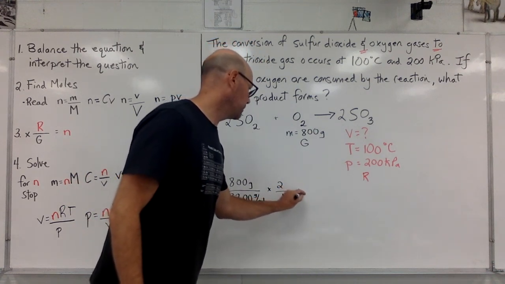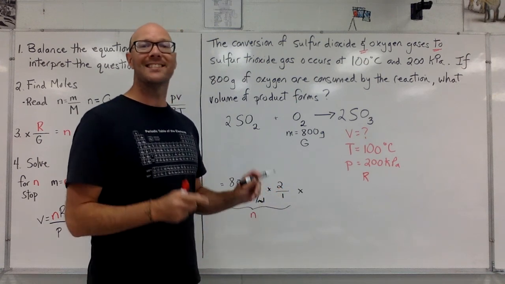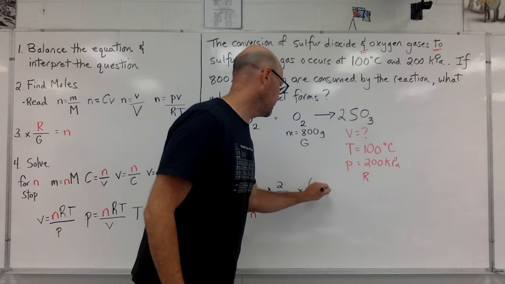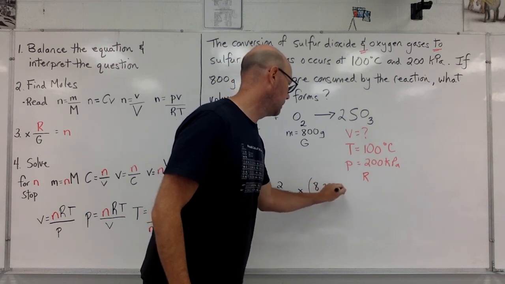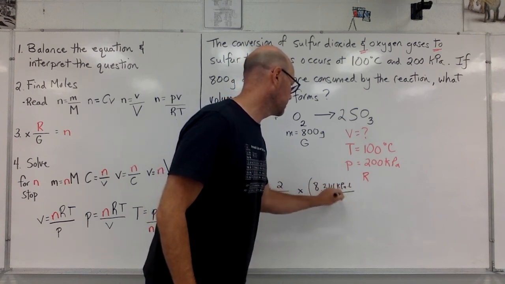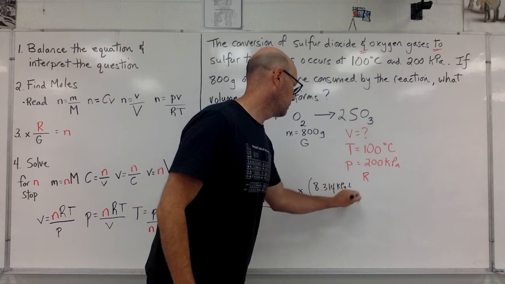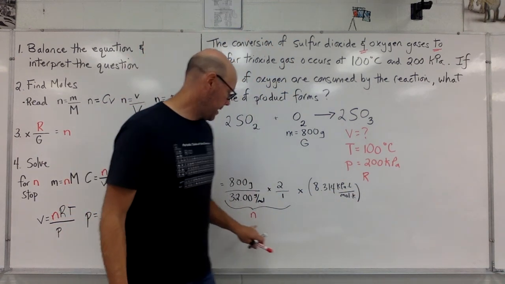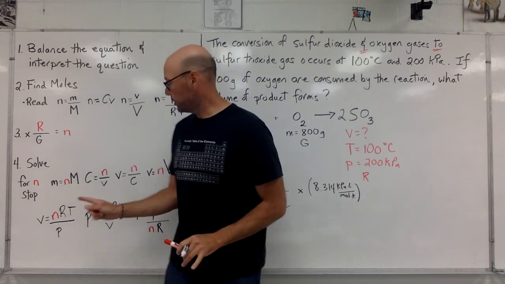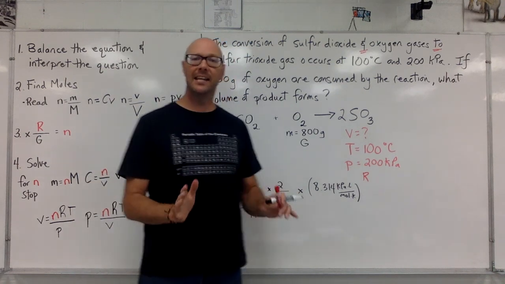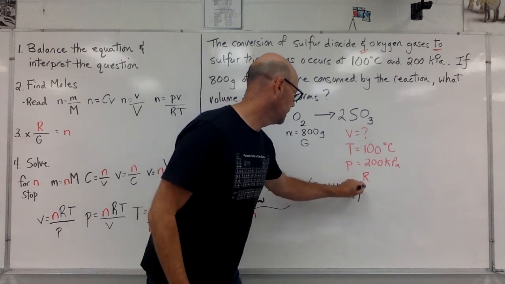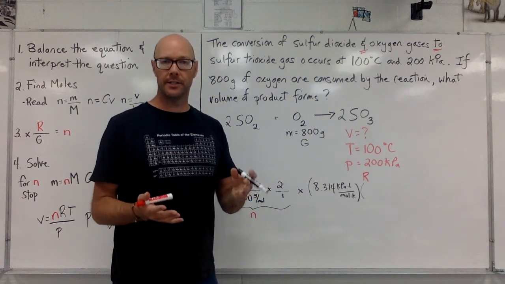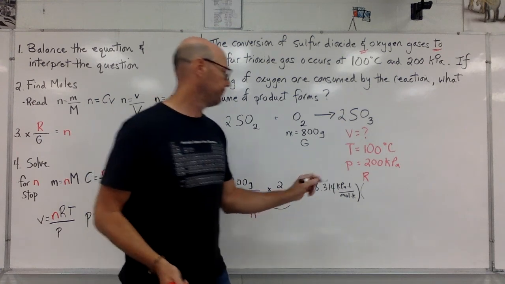This is multiplied by R. That's the ideal gas constant, 8.314 kilopascal liters per mole Kelvin. There's the red N times R. Now we're going to multiply by T in Kelvin. The temperature is 100 degrees Celsius. We're going to add 273.15.